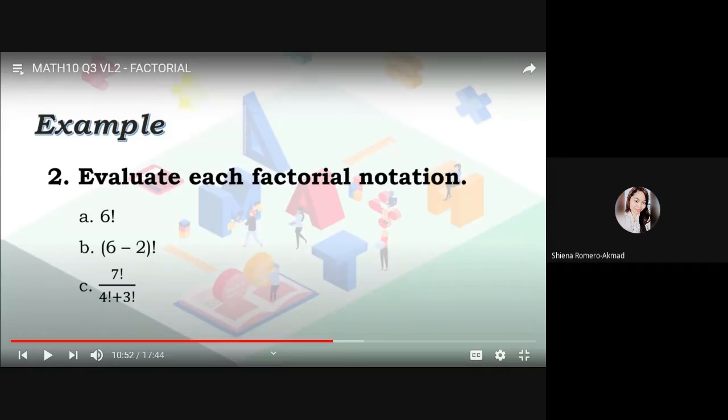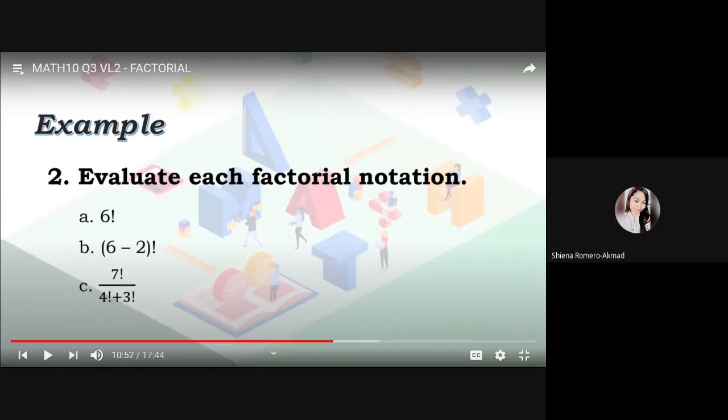What is 6 factorial? That's 6 times 5 times 4 times 3 times 2 times 1. And what is the answer? 720. How about letter B? 6 minus 2 factorial. Ano kayang sagot dyan? 24.